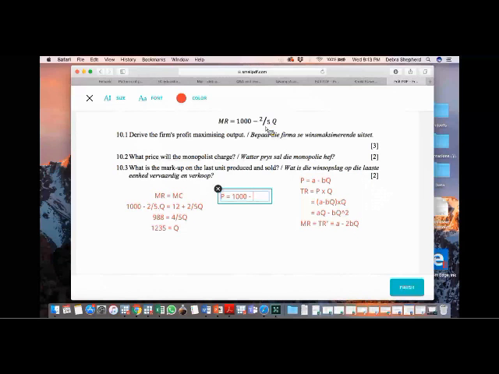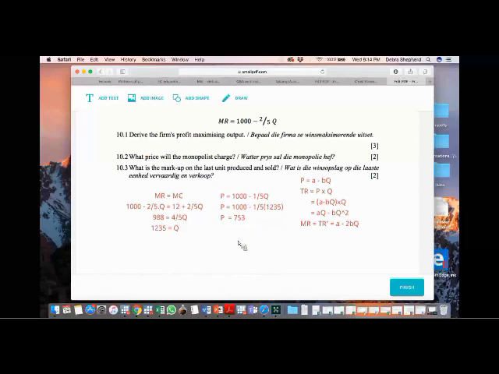So whereas marginal revenue has minus 2 over 5 as the slope, demand will be minus 1 over 5 times Q. So price will be 1,000 minus 1 over 5 times 1235. 1235 divided by 5 is 247, and if we take that away from 1,000, we get 753. So the price charged at this profit maximizing output is 753. That's the answer to 10.2.